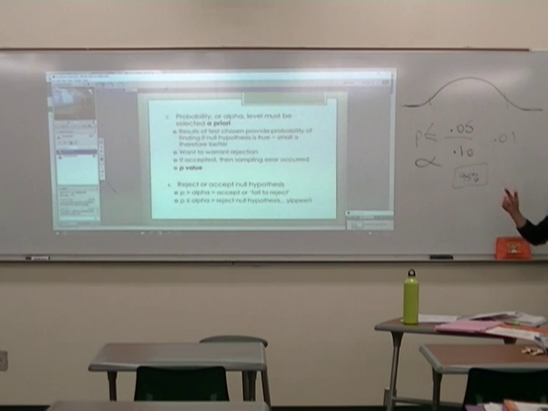Right? Now, when do I set it at 0.01 then? So if I'm a chemical company and I've developed a new drug that I think is going to stop people having a heart attack, and I have to test it. Okay.